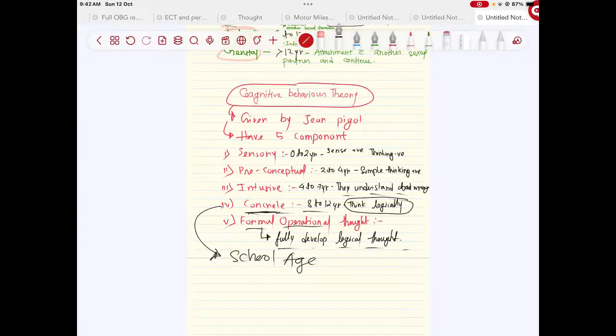Intuitive, because they understand about the wrong. Pre-conceptual has simple thinking present, and in the sensory stage the sense is present, but thinking is negative.